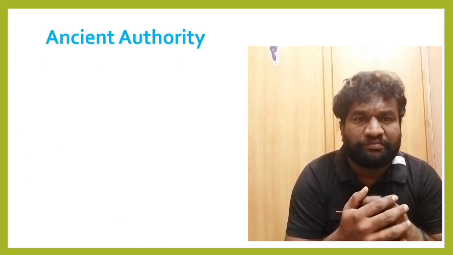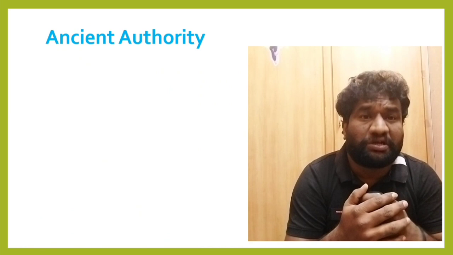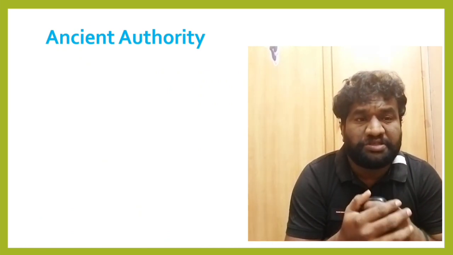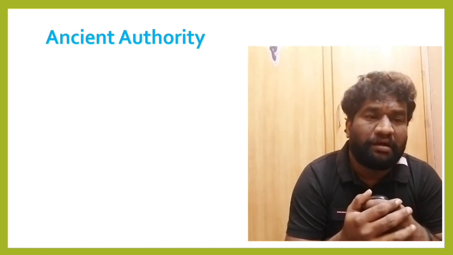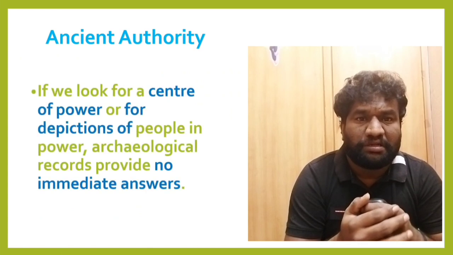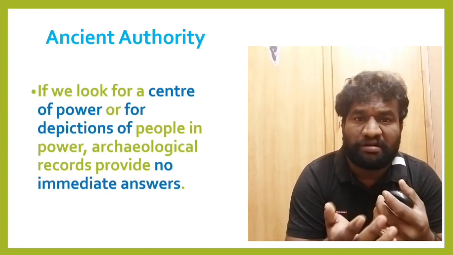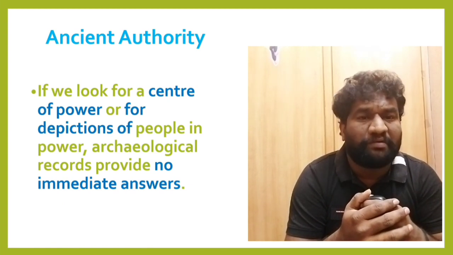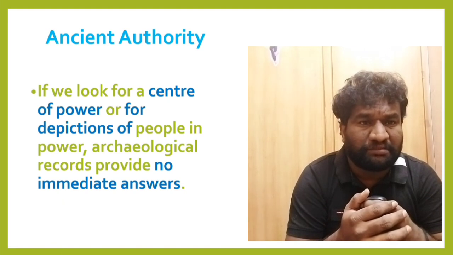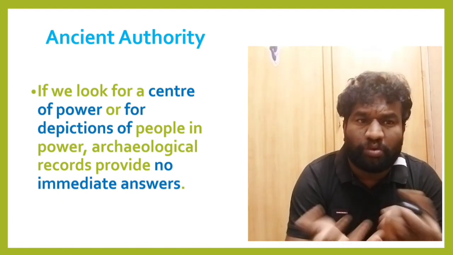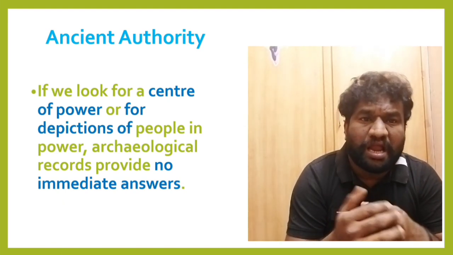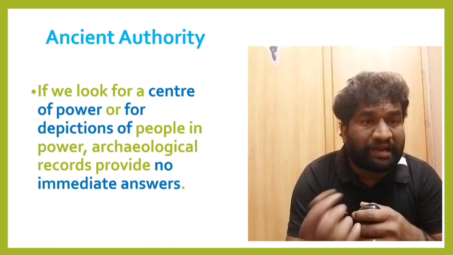Okay, right? Next, ancient authority. What is the ancient authority of this Indus Valley civilization? If we look for a center of power or for depictions of people in power, the archaeological records provide no immediate answers, because there are no literary works and no records.